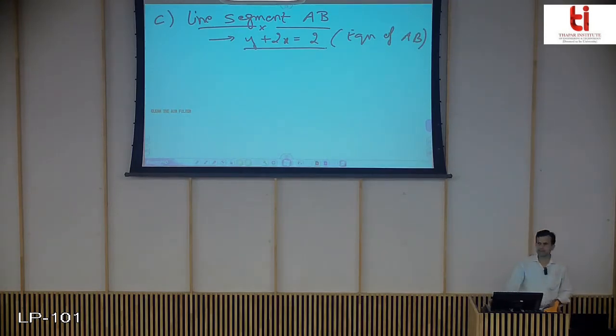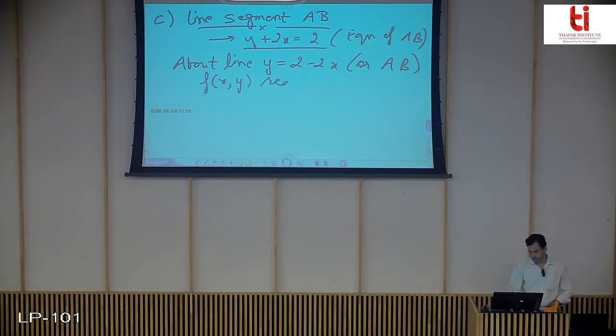So for line y equals 2 minus 2x, that is AB, f(x,y), that is the surface, reduces to f(x,y) equals x square plus y square.